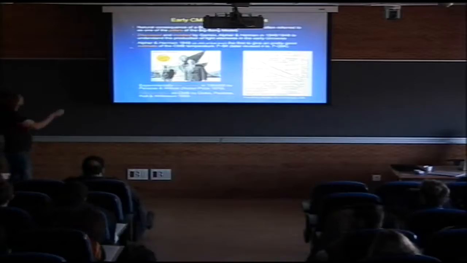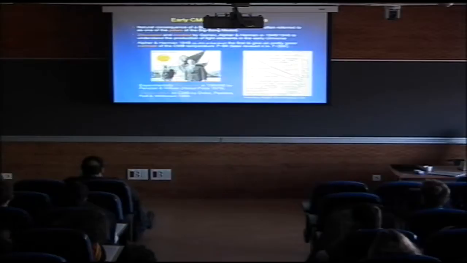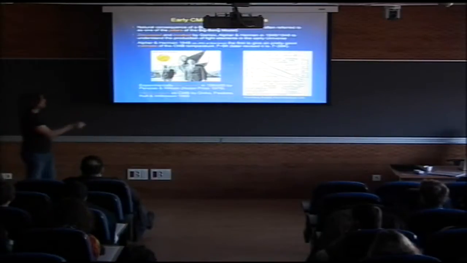And Herman and Alpher in 1948, when they were actually at Johns Hopkins, which was really interesting to see on the paper, were the first to give a rather good estimate of the CMB temperature, 5 Kelvin. Now, this is actually more like a coincidence, because first of all, they revised their value later to 30 Kelvin.